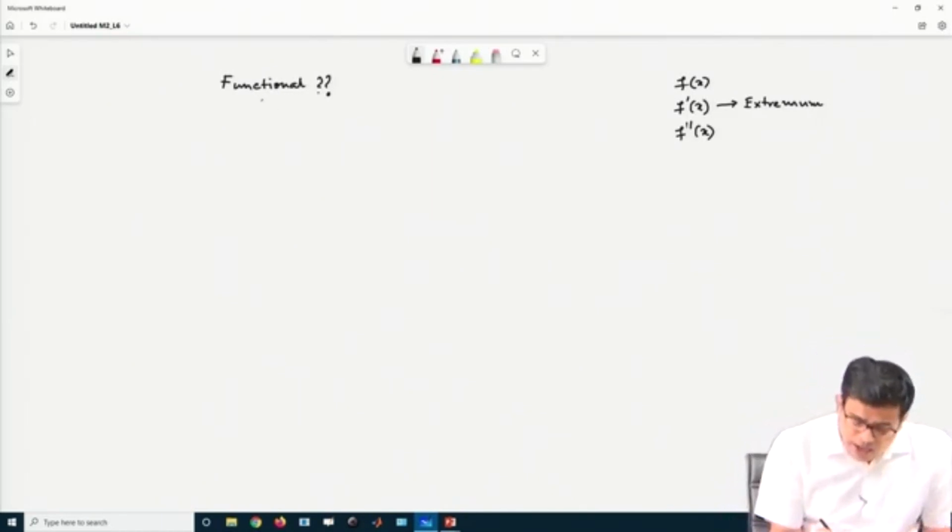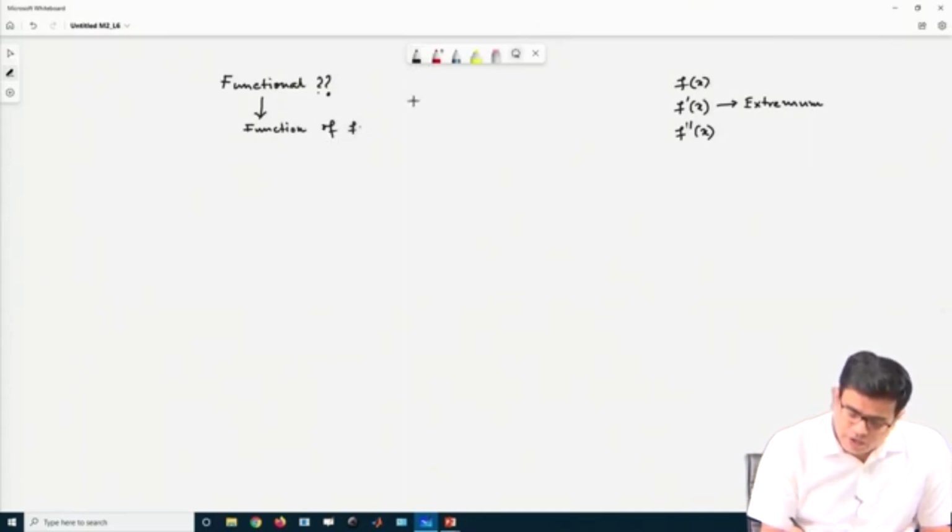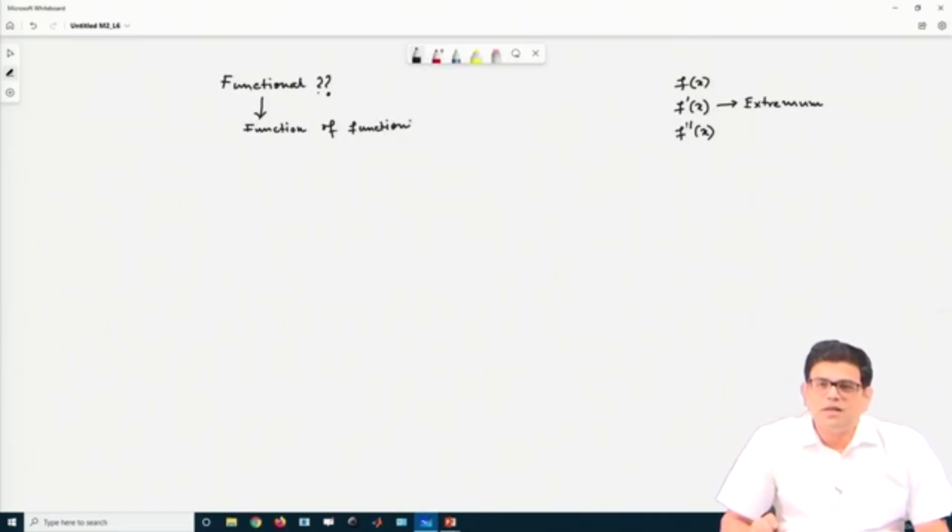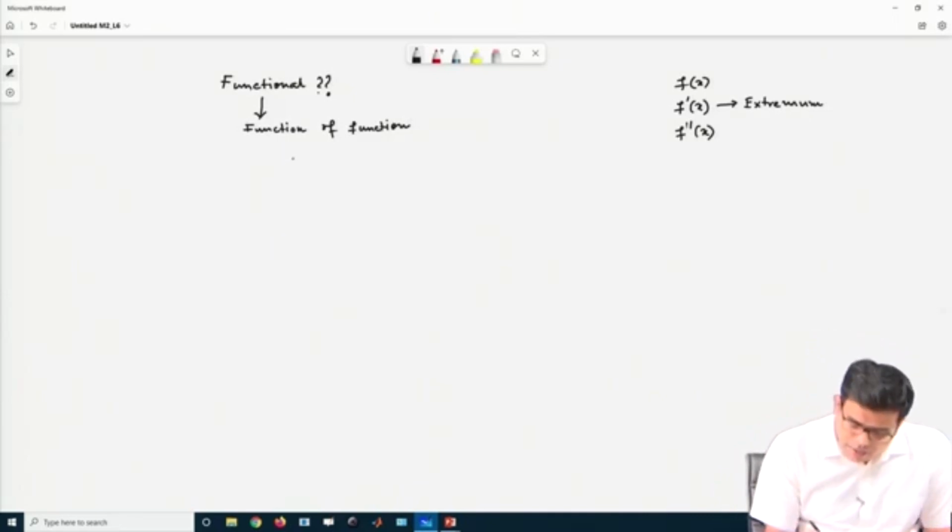Loosely speaking, a functional is essentially a function of a function. Now, do we have some example of a functional? Yes, let us see some examples.